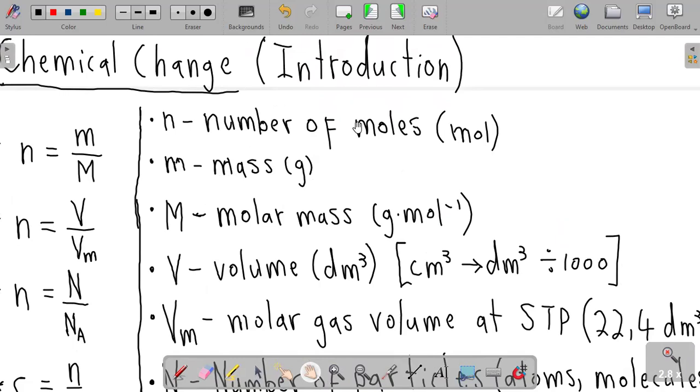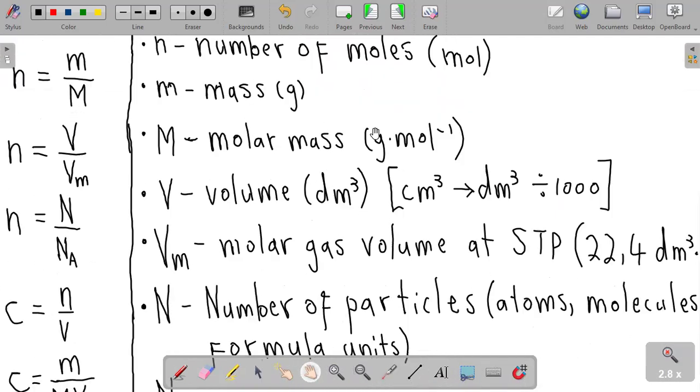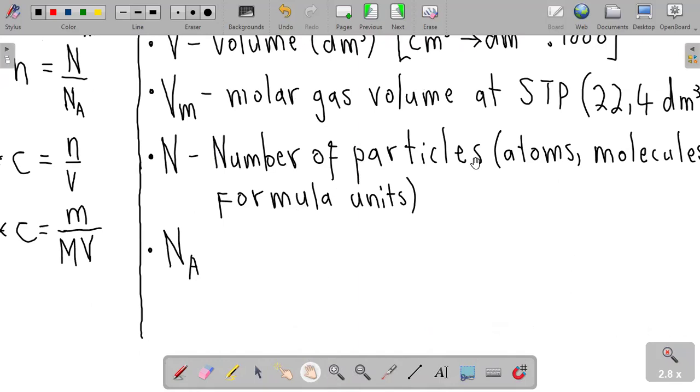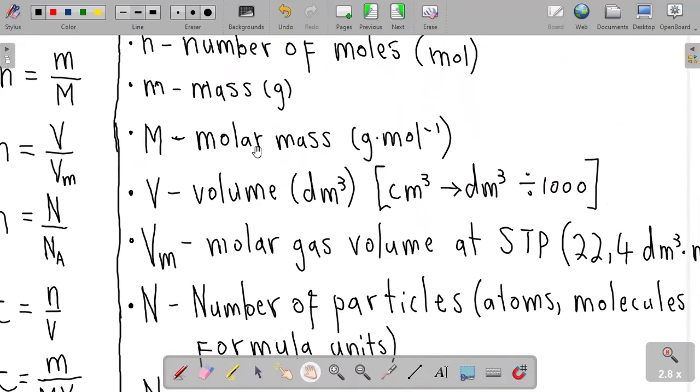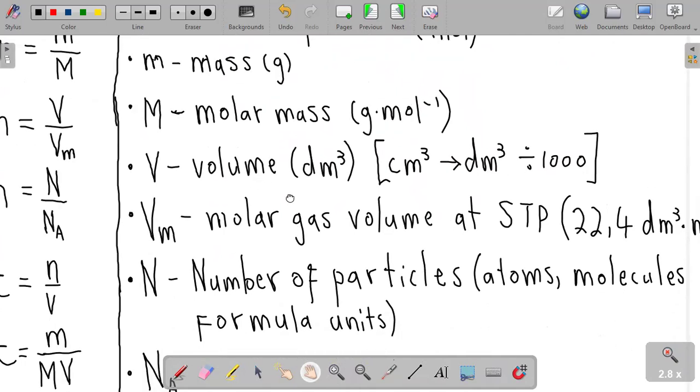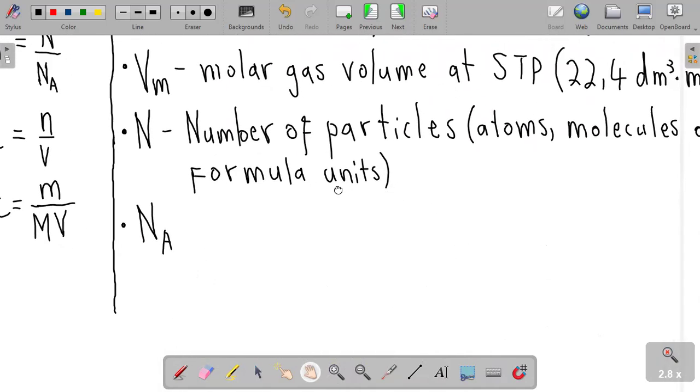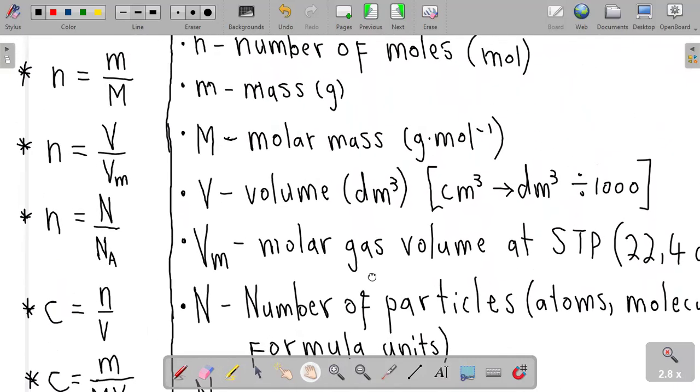And the capital letter is the number of particles. That is the distinction. Do not confuse the two. There's the capital letter and there's the small letter, just like the M, there is the small letter and there's the capital letter. They don't mean the same thing. Do not mix up the information there.